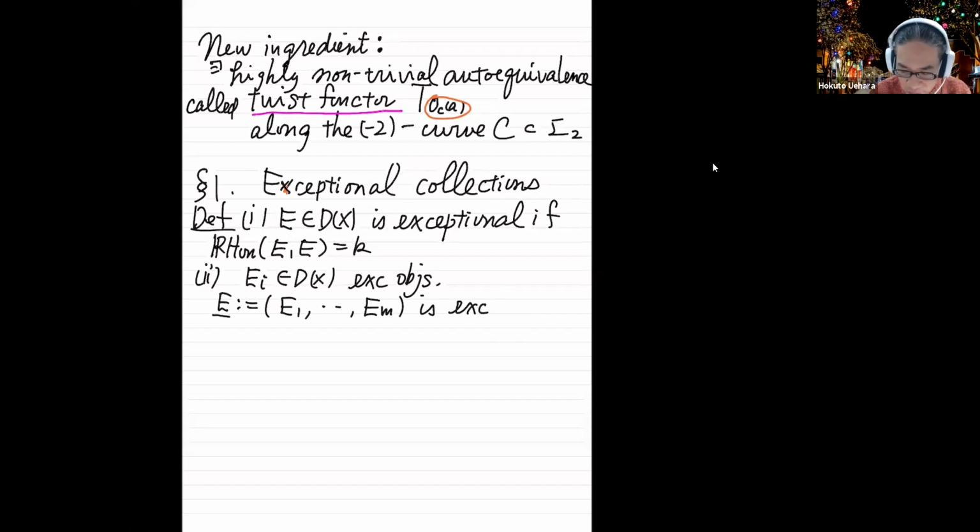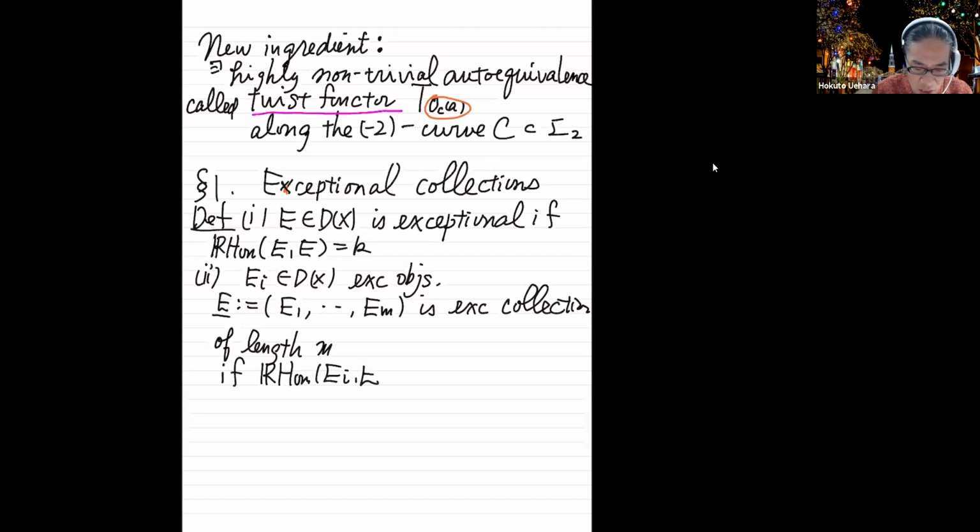It is an exceptional collection of length m if RHom(E_i, E_j) vanishes for i greater than j. So I mean, yeah.